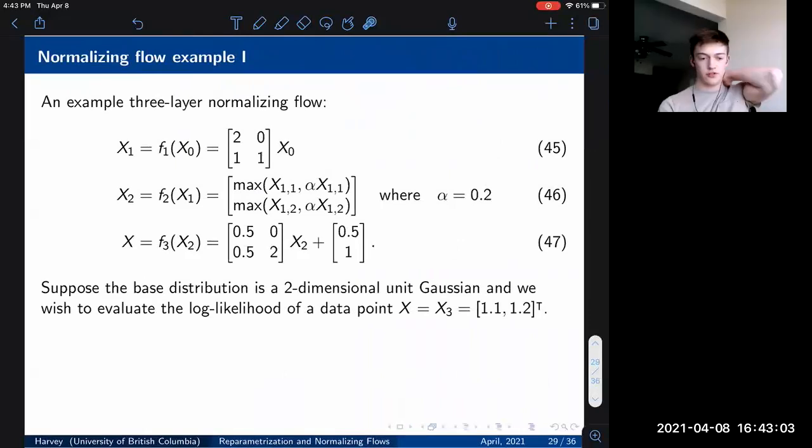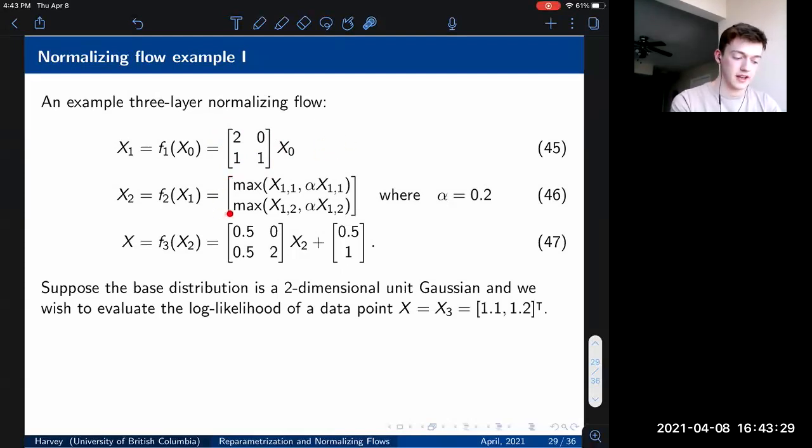To wrap up the discussion of normalizing flows and make it slightly more concrete, I've got an example of a 3-layer normalizing flow with lots of numbers stuck in. The first layer is an affine transformation without the bias term.